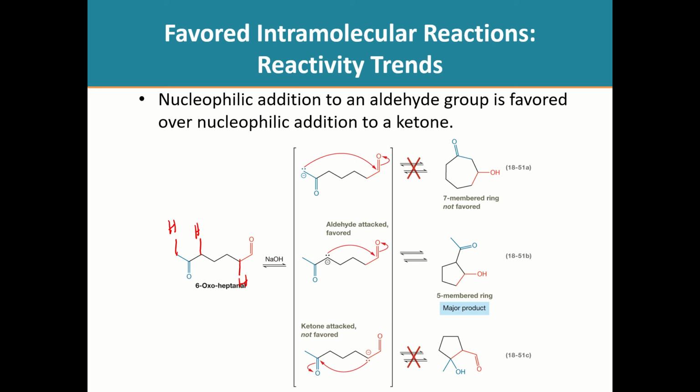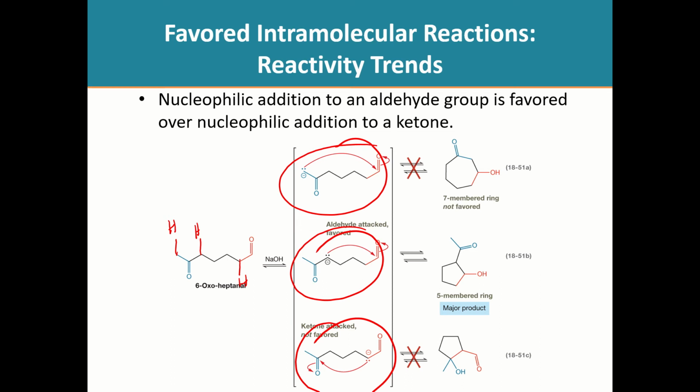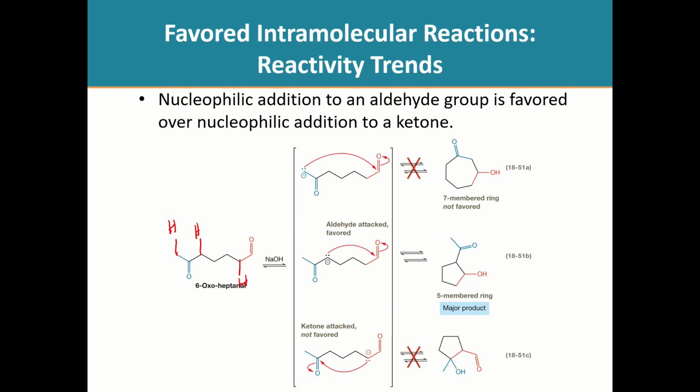And each enolate that's formed, shown here, will form different products, all shown right here. Okay? Now we can clearly eliminate 2 of the 3 based off of what we know so well.